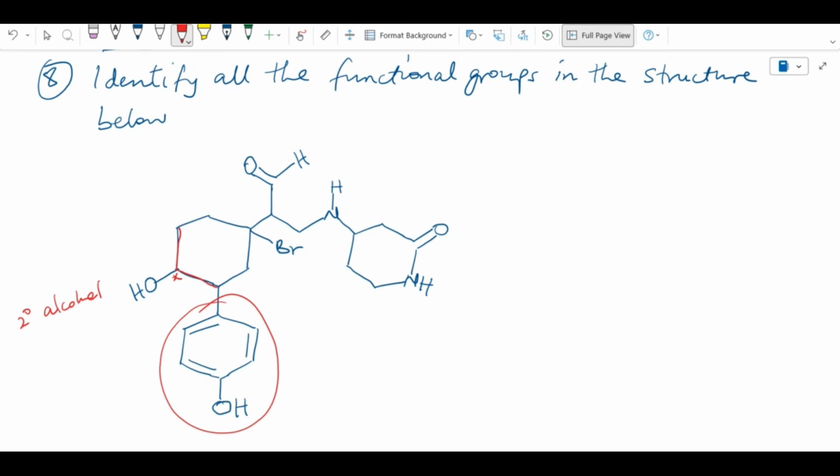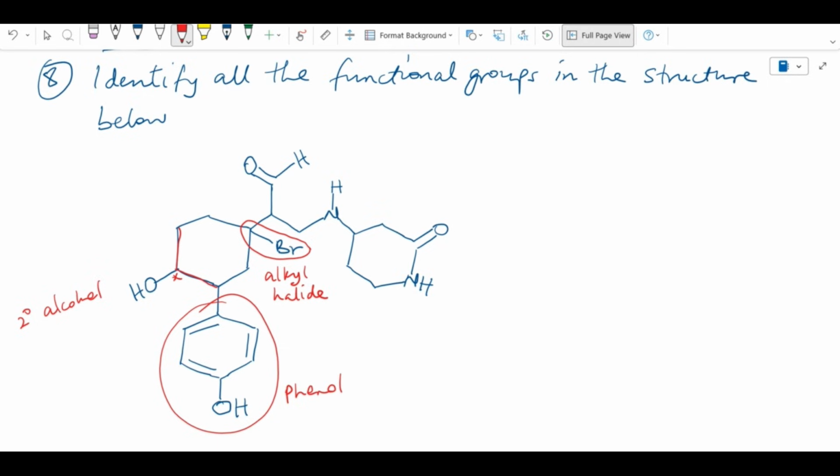Another group here is where you have the OH group attached to a benzene ring, and we call that phenol. Another one is alkyl halide. Bromine is a halogen. So when you have a halogen attached to a carbon of an alkane, we call it alkyl halide.